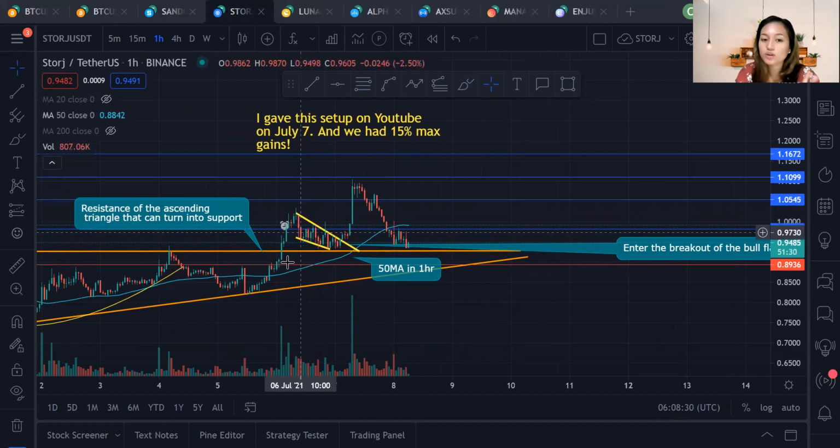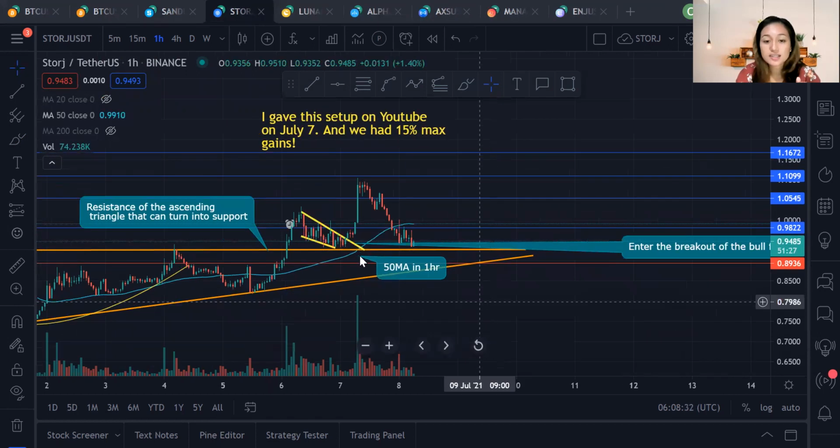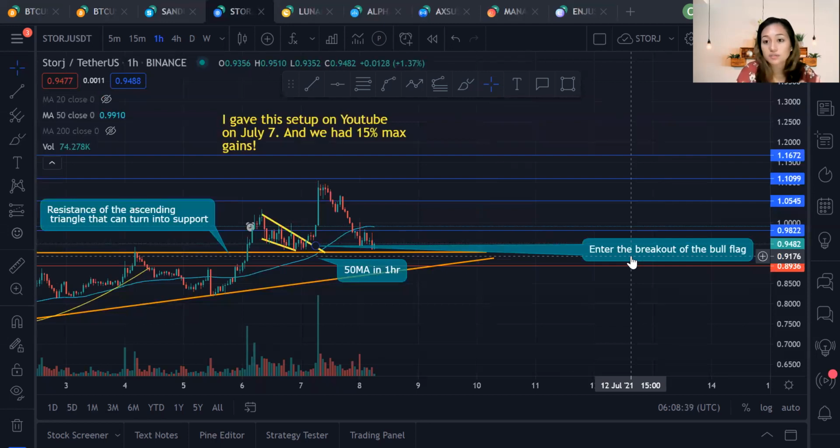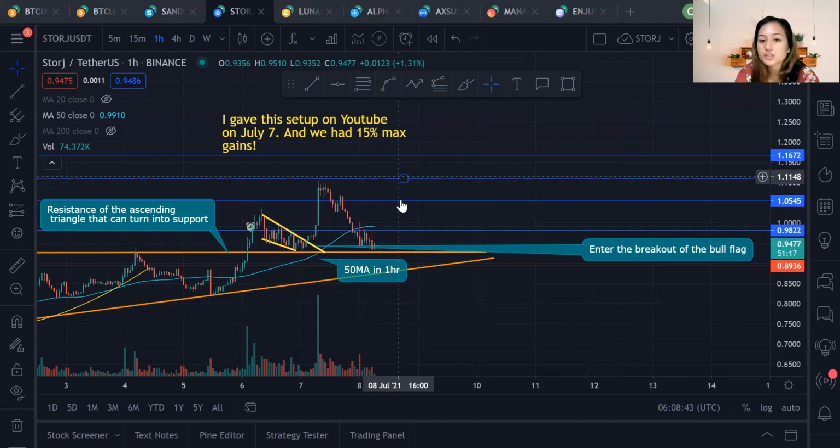Actually, this is a bull flag formation, I'm sorry. I told you to enter on the breakout of that bull flag, and as we can see, we hit almost 3 targets, which gave us around 15% max gains.